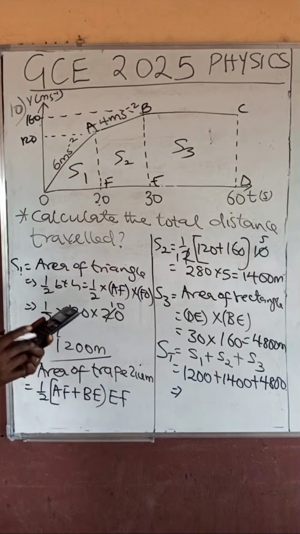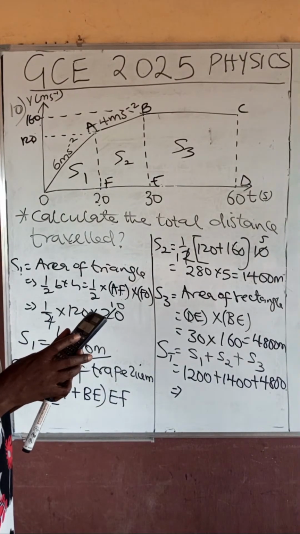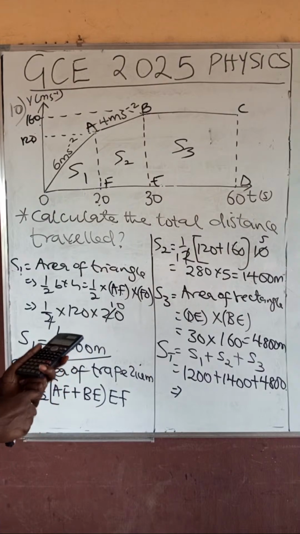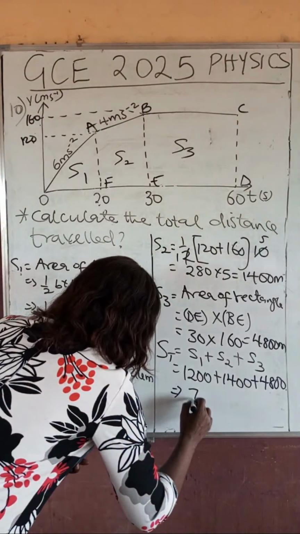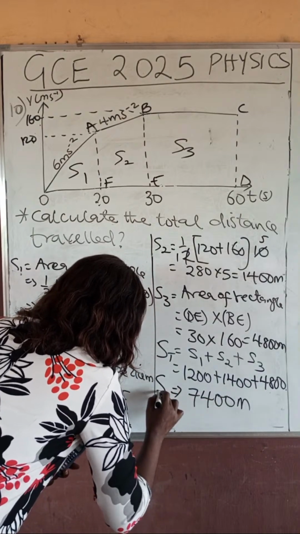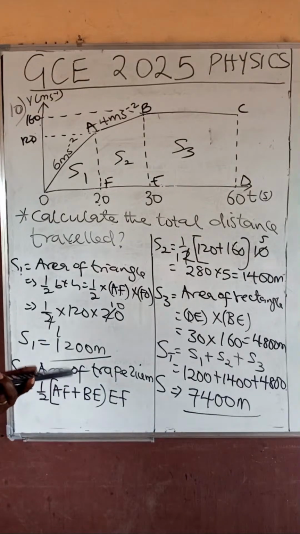Let me add together: 1,200 plus 1,400 plus 4,800. So the answer to this question is 7,400 meters. Is it clear? Right.